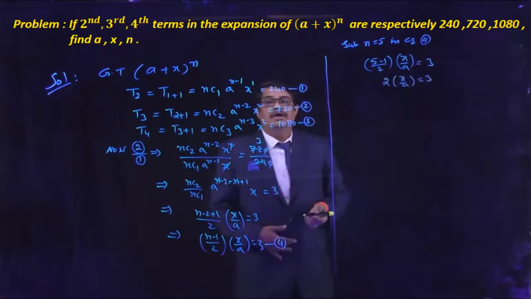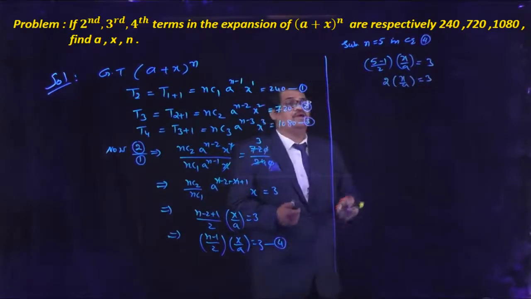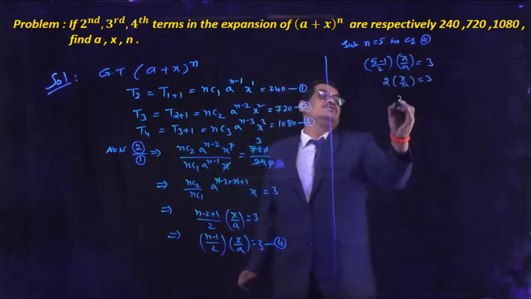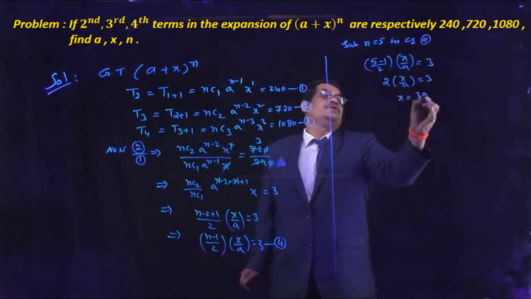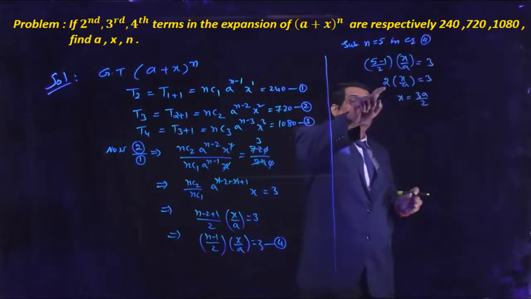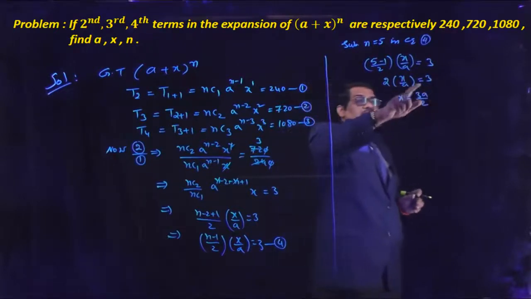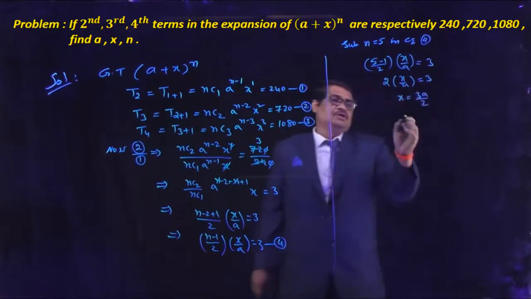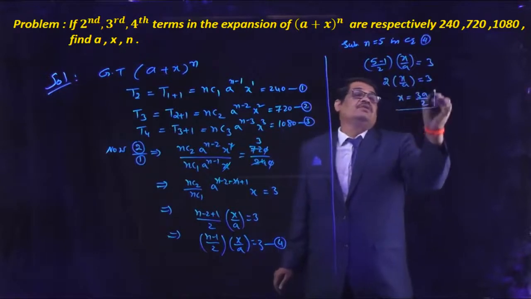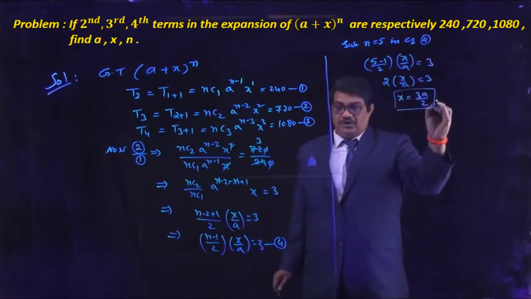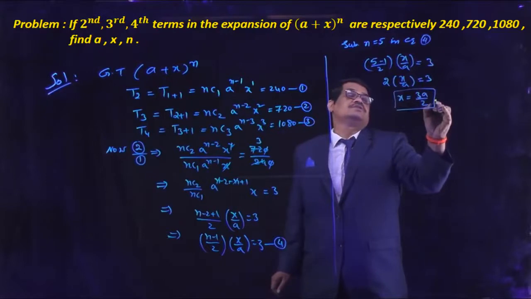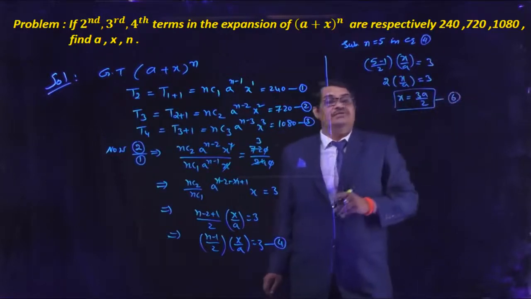From that we write x is equal to 3a by 2. This is the x value, and this is equation 6.